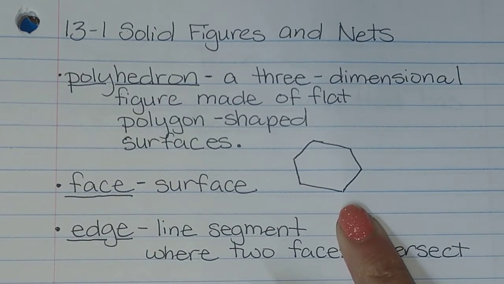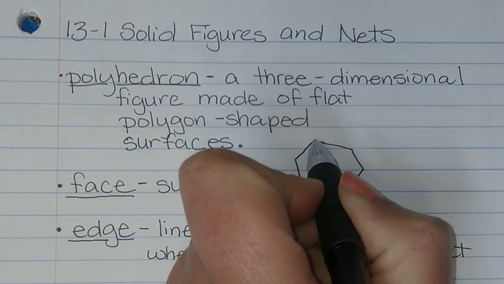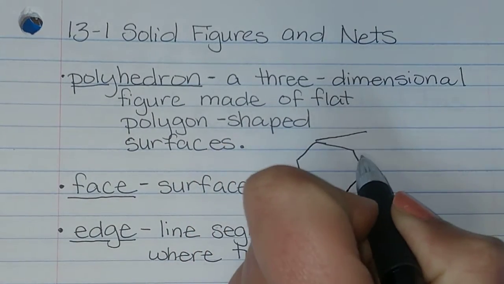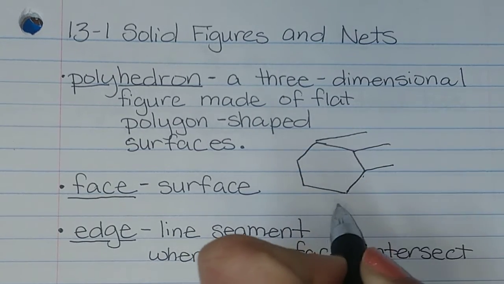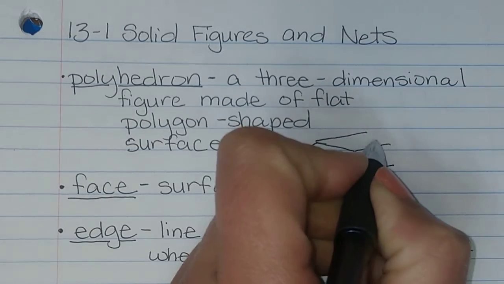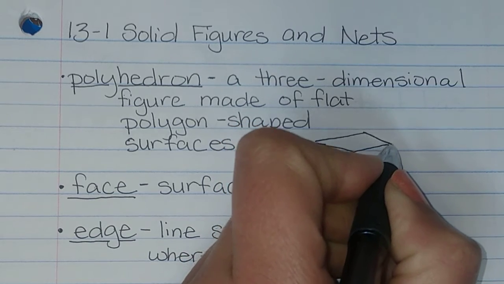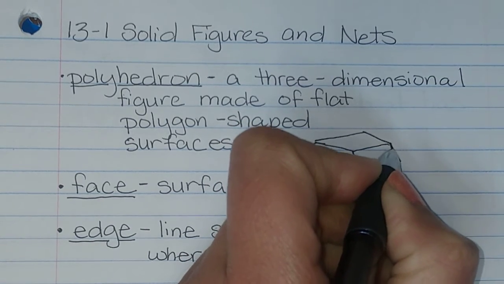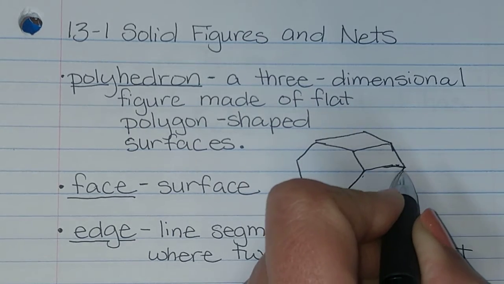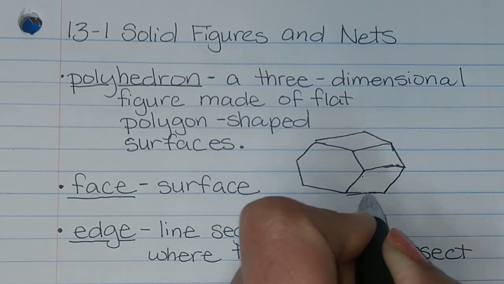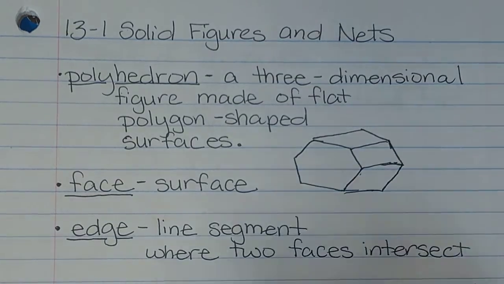Now to make it three-dimensional, we have to draw some lines out. Each point gets a line. As I like to tell my kids, I'm not a machine.